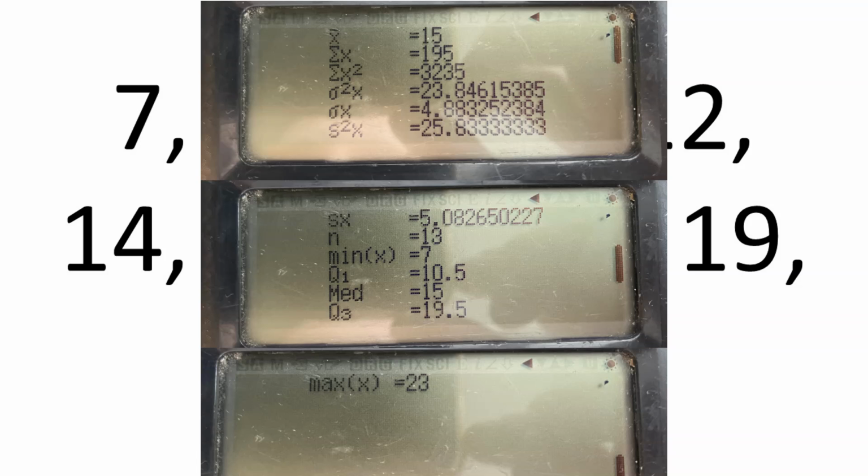Don't worry about the sixth and the seventh one with the S, that's another form of standard deviation you don't need to know for A level. The N is how many data points you have, min X is the minimum value, Q1 and Q3 are the quartiles, which I'll come back to in a moment. The MED is the median, and then if you go down one more time, it gives you the max data point.